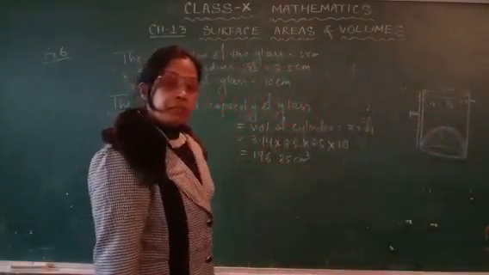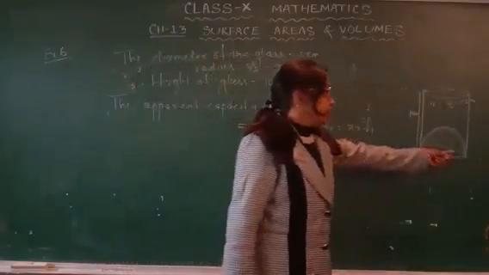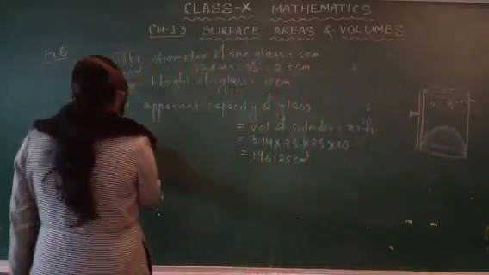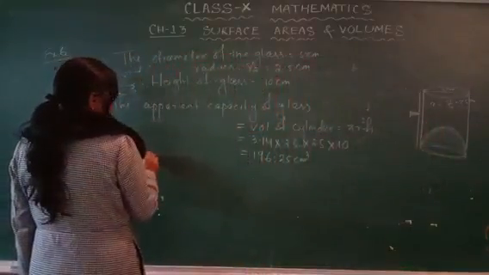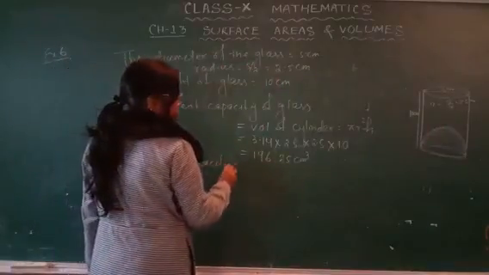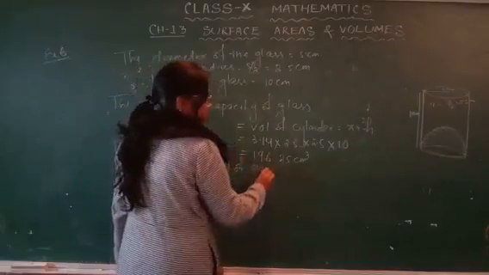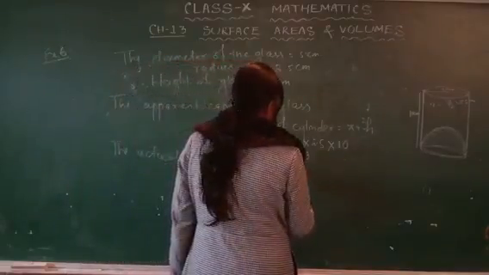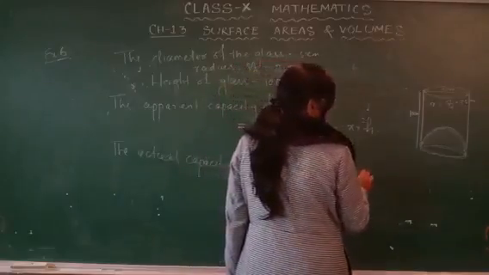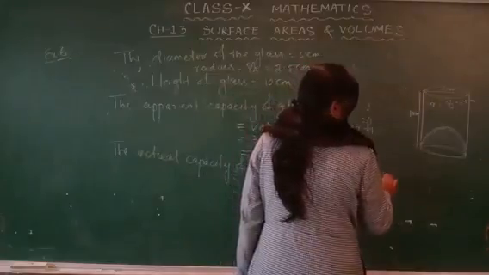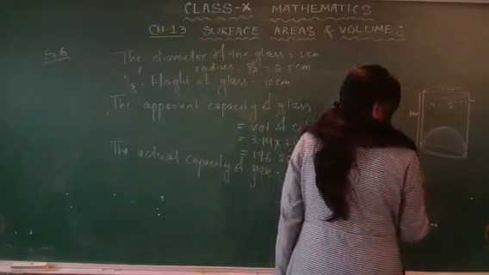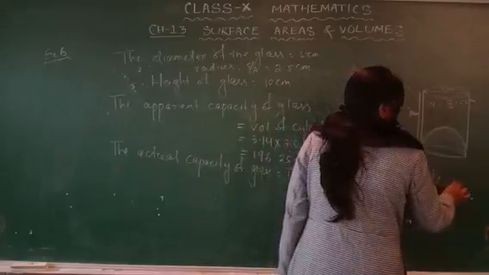But the actual capacity of this glass is equal to what? This hemispherical part reduced the capacity. So the actual capacity of the glass is the apparent capacity minus the volume of the hemispherical part.